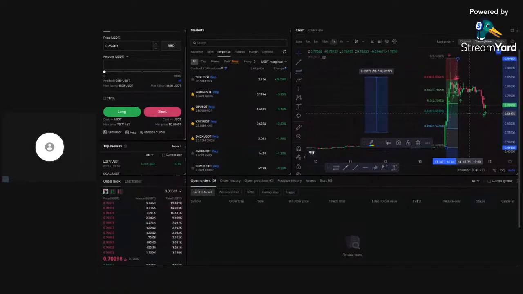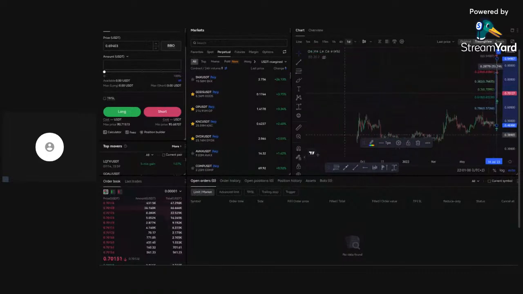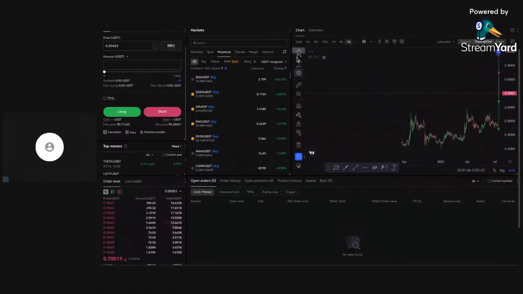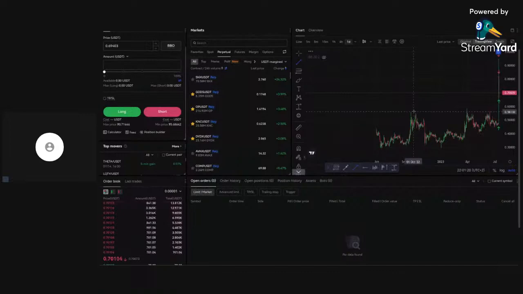One was a fib level. The other one, if I zoom out on a daily time frame, you'll see that if you take a line and draw it from these two tops, it runs pretty much perfectly to where we found support. So let me see though. Let me go actually to the weekly.